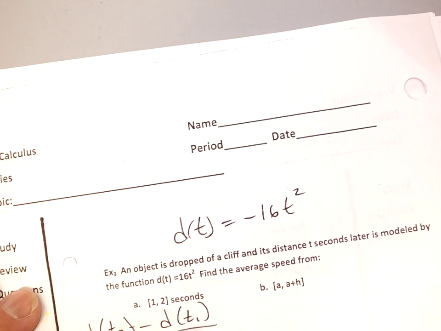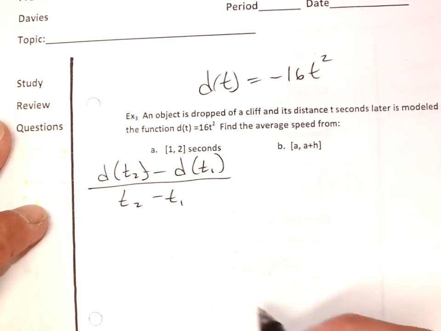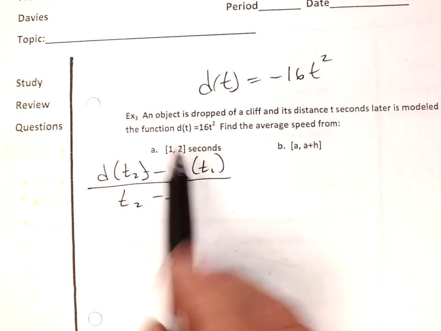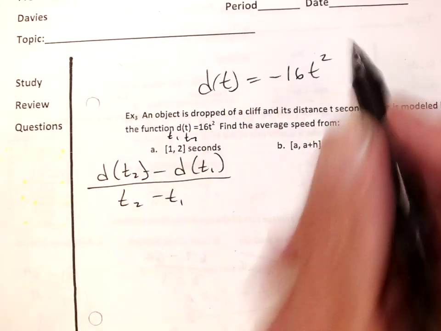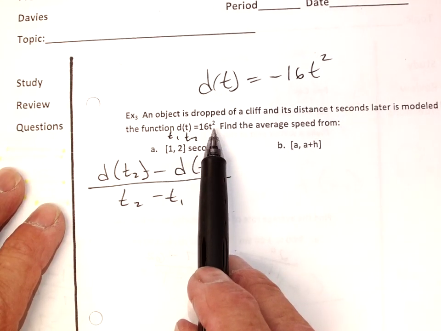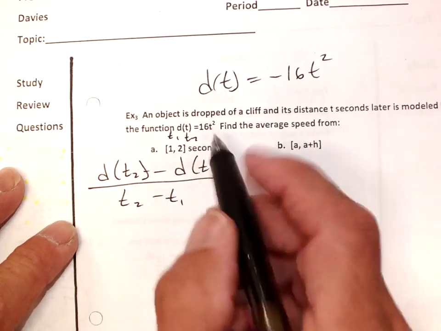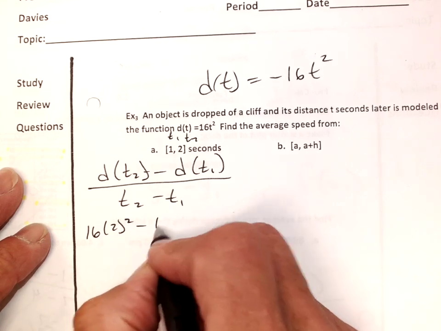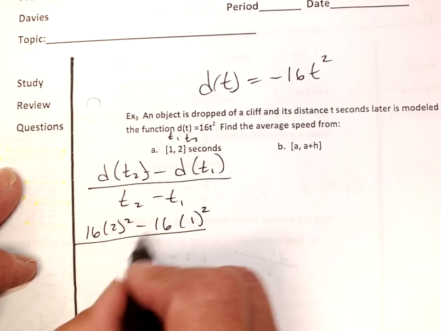What I want to do is plug in 2 first, because that's time 2. This is t1, and this is t2. So we plug in the 2, and then we'll plug in our 1. If we plug in our 2, we'll go negative 16 times 2 squared minus negative 16 times 1 squared, all over 2 minus 1.